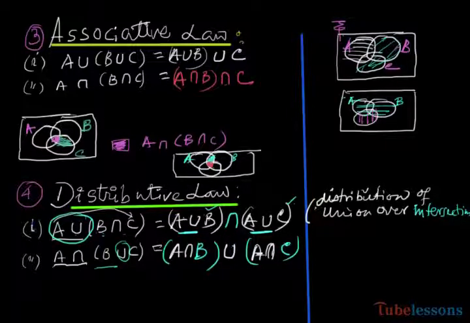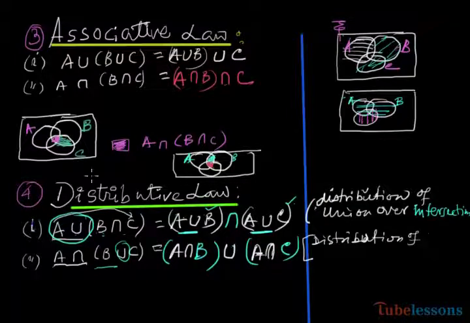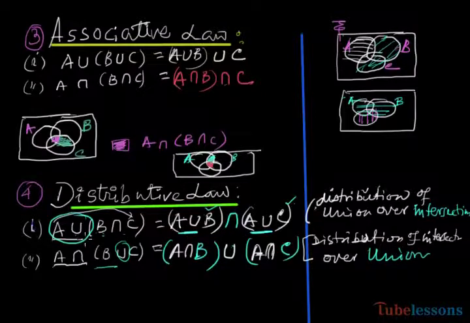Next one is distribution. Intersection over union, and later on we prove this by the help of Venn diagram.